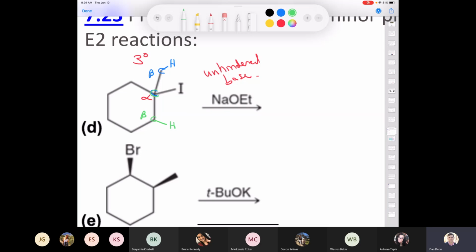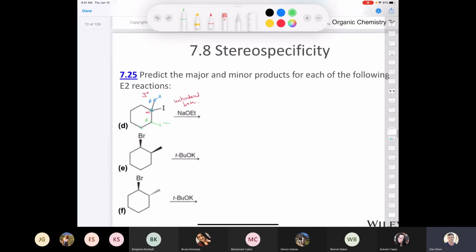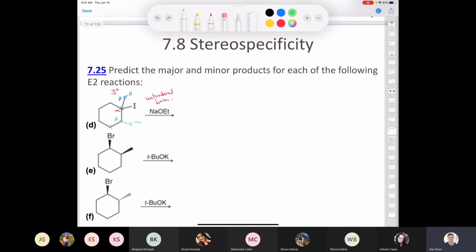It's attached to 2 carbons. So since I have an unhindered base, it's going to rip off the proton that's going to give the most stable product. This one is more sterically hindered, so it's harder to grab, but since this base is unhindered, it's going to go for that proton to give you the Zaitsev product.